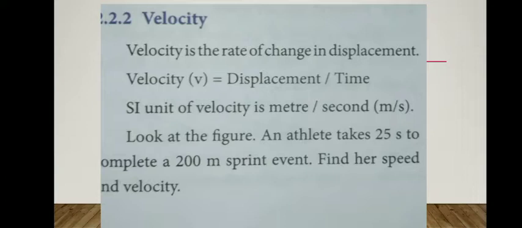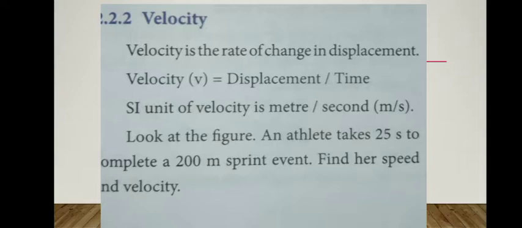In this topic we are going to study speed and velocity. Speed is the rate of change of distance. But velocity is the rate of change of displacement. Displacement is the shortest distance between the starting and ending points. Velocity is written as a small v, equal to displacement per time taken.